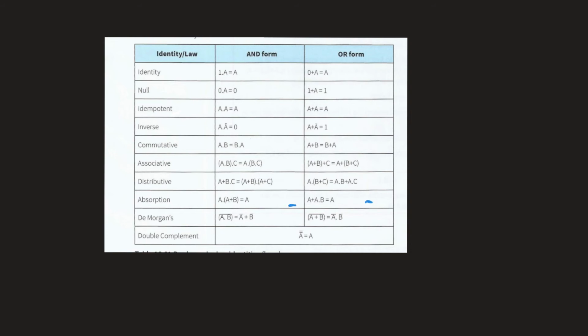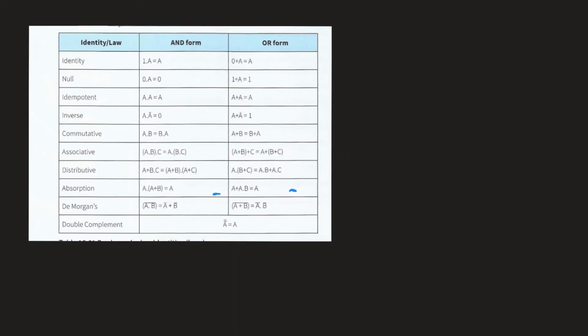Then we have De Morgan's law, right? Let's do a little bit of proving for this. Maybe not draw full truth tables, but just a little tip about how we will go about remembering it. We have De Morgan's law, the AND form: (A dot B) the whole complement is equal to A complement plus B complement.